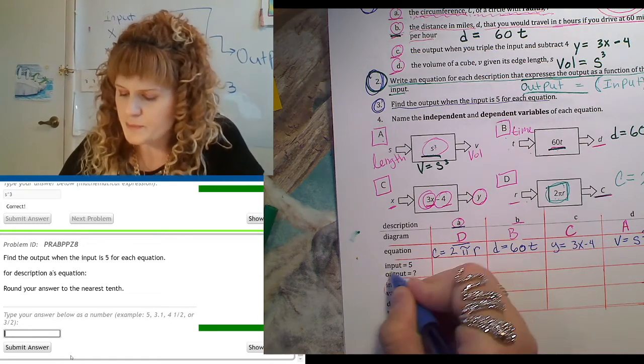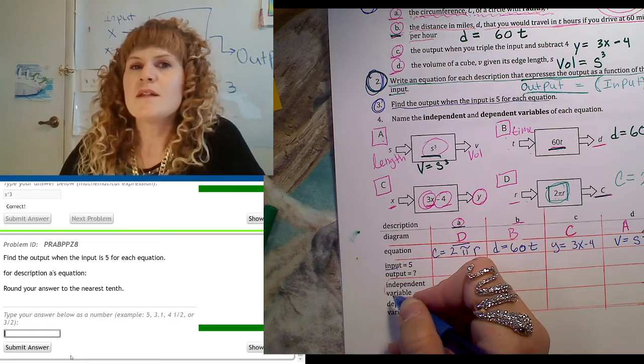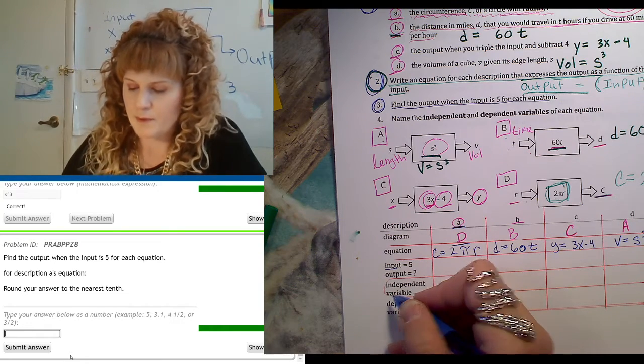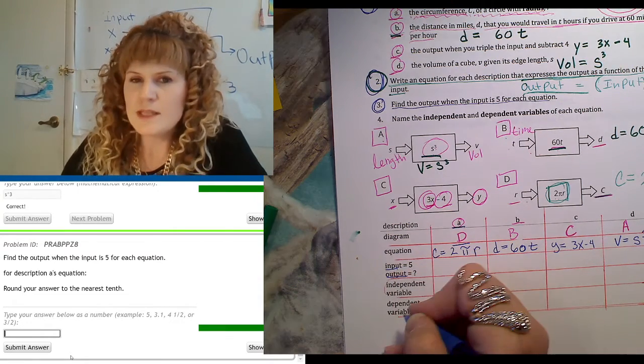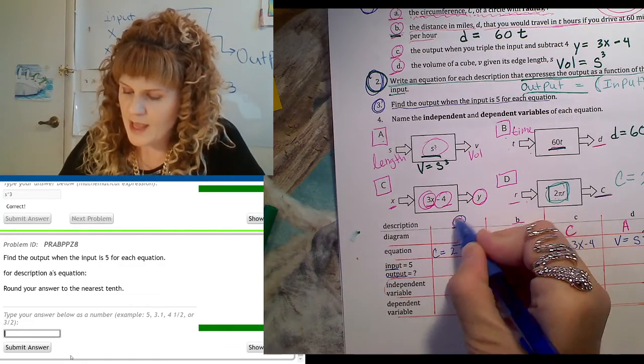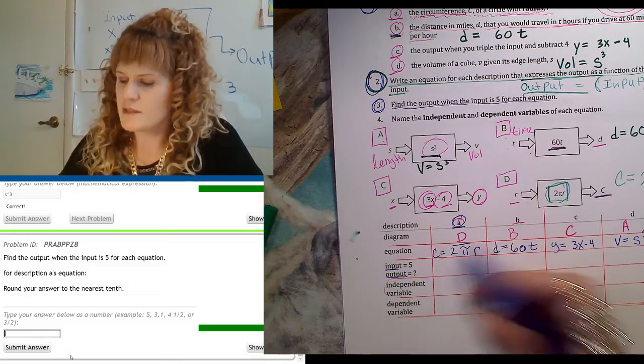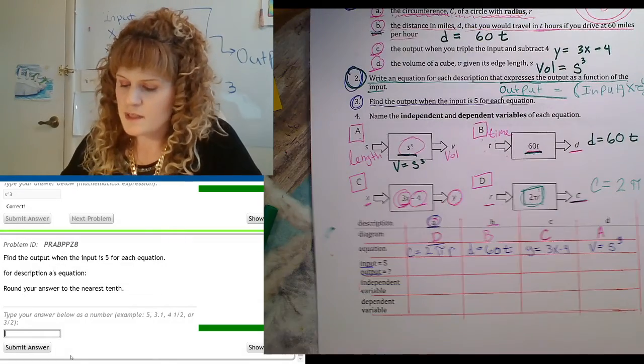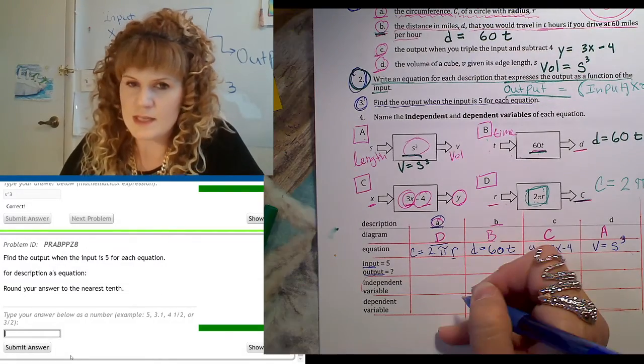Remember that the input is the independent variable and the output is the dependent variable. So for description A, it means the circumference of the circle depends on the radius.